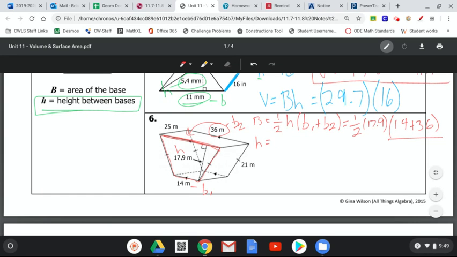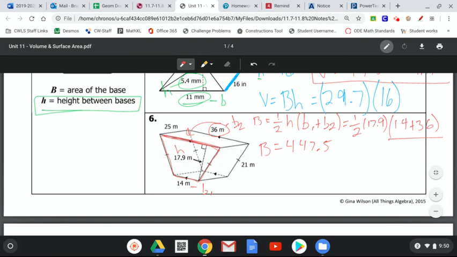So plug that in your calculator, and the area of the base should be 447.5. Okay, so that is the area of our base there.